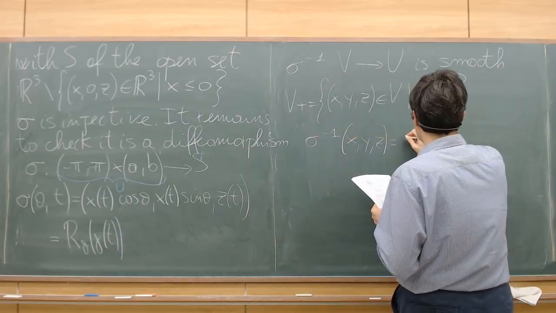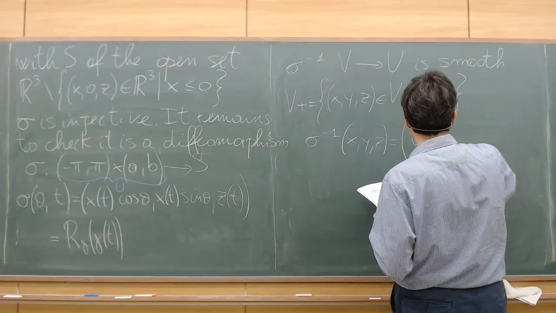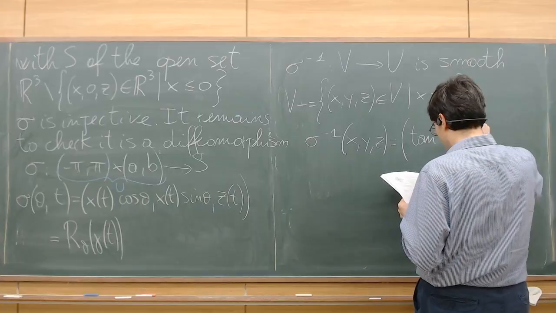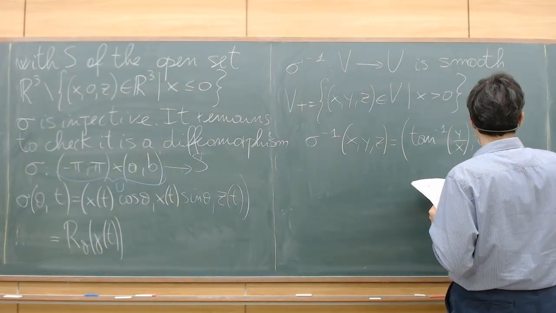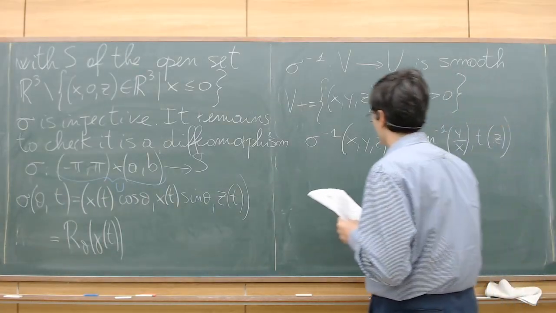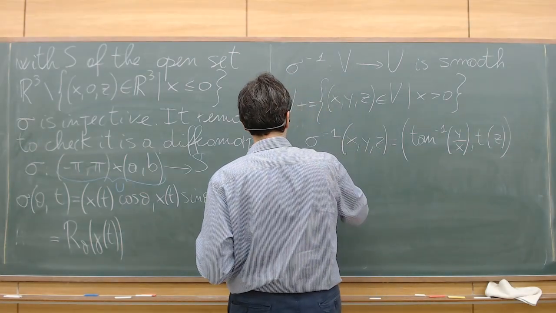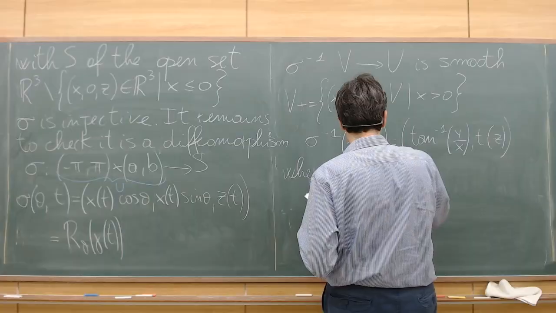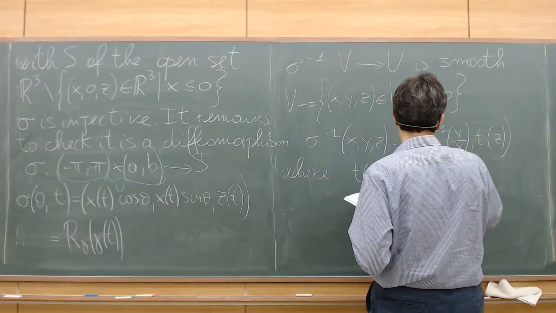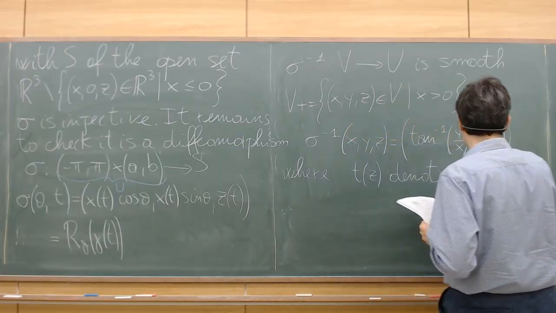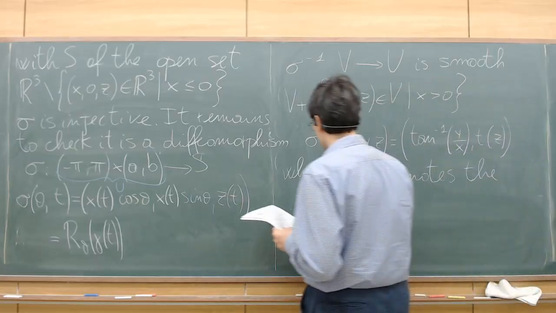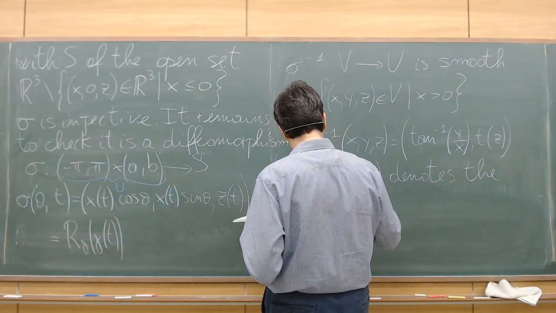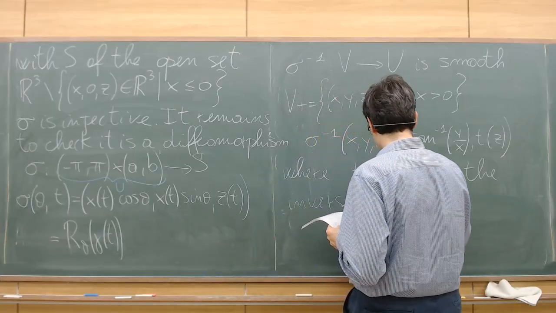This is given by the inverse of the tangent function evaluated at y over x, t of z, where t of z denotes the inverse of the function z of t.